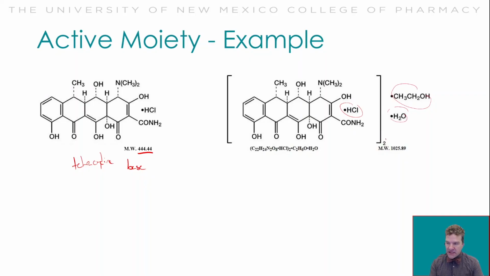And when it's formulated, there's actually 2 molecules of tetracycline for every mole, okay? And that's why the molecular weight for tetracycline formulated is so much bigger because it has all these extra molecules, and the crystal structure of that powder actually has 2 tetracyclines for every molecule, okay? So the formulated is always greater than the base.